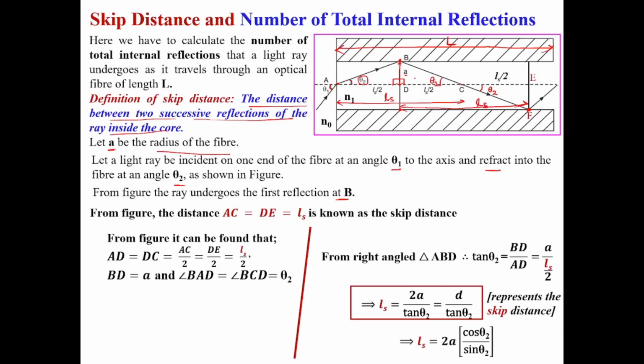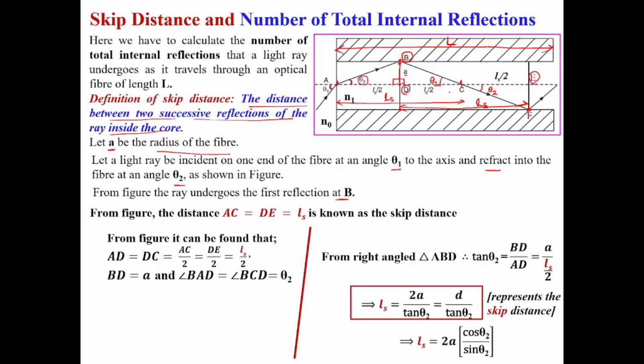Already we discussed that the distance between two successive reflections is the skip distance. That means from point D to point E, the distance is Ls, the skip distance. Also from this figure, the distance A to C is the skip distance.